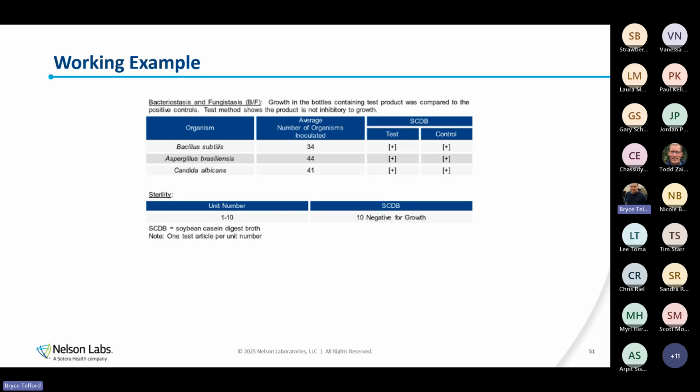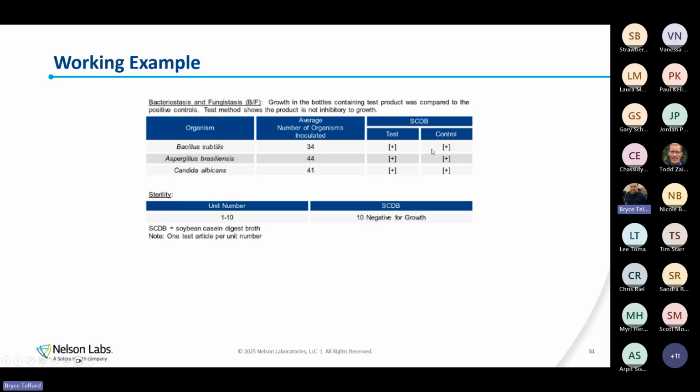If we have a negative in the test, that's an indication that we have inhibition. If we have a negative in the control, that means we have an issue either with our test system and we should retest, or potentially we have a media or a media batch that came through that is inhibitory itself. Again, that's generally not indicative of your product.